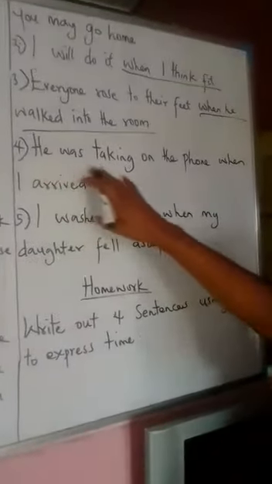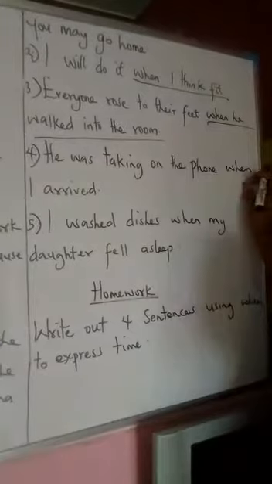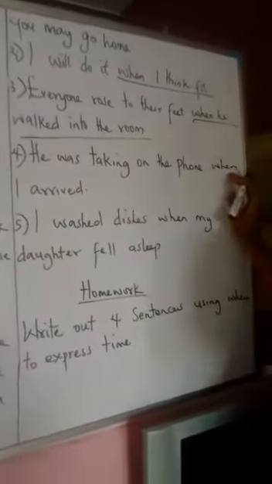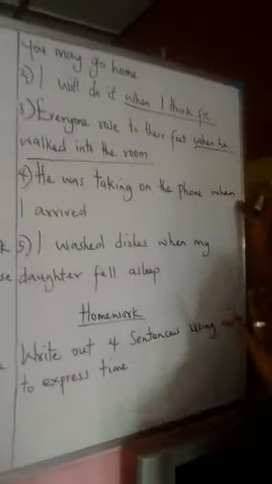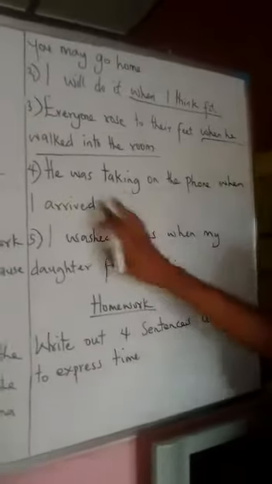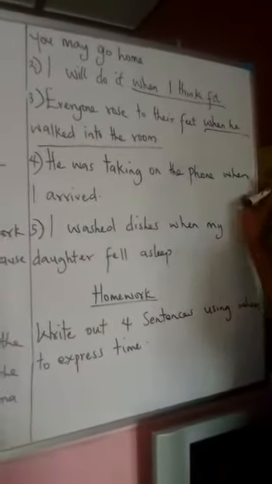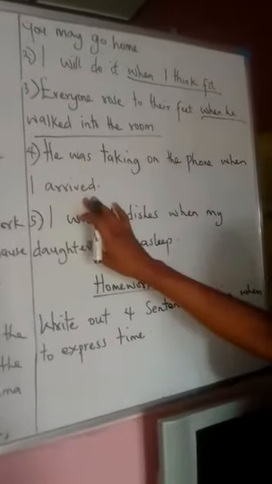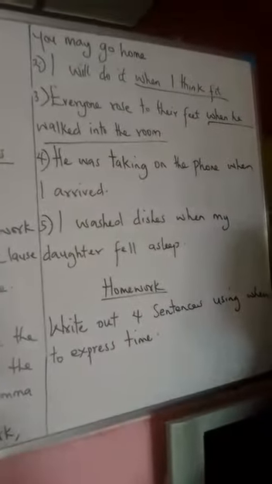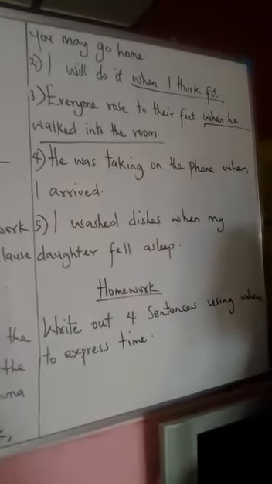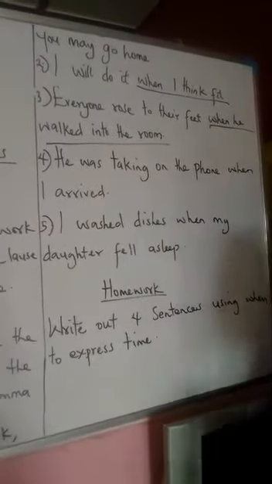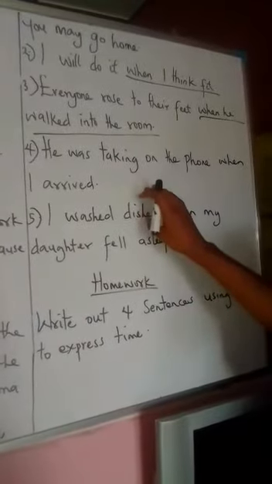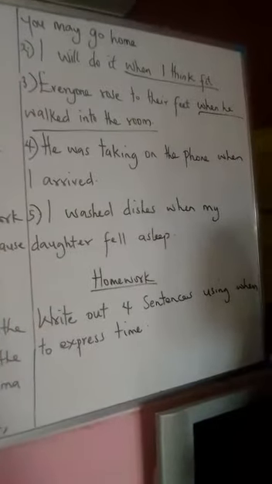But here when is in the middle of the sentence, so there is no need for a comma. It acts as a conjunction that holds the two clauses together. When I arrived was the time he was talking on the phone. So when here is used to express time. I hope you are getting what I'm saying.